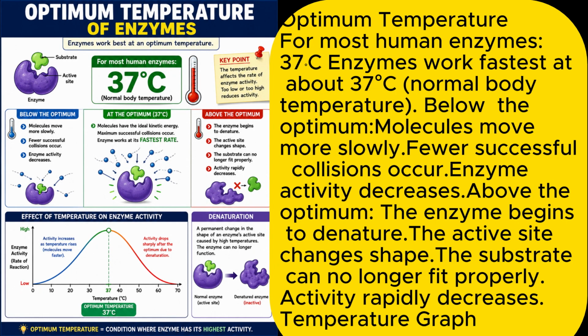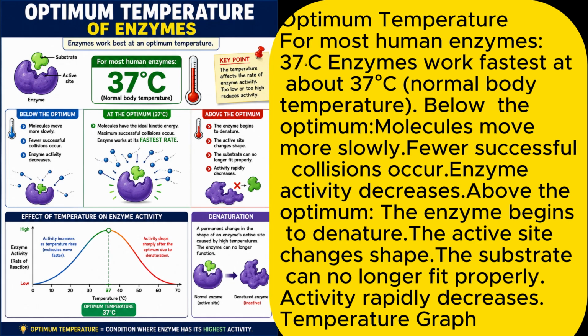As for the exam definition, the optimum is the temperature or pH at which an enzyme has its highest activity. Now, what will happen if the optimum is not reached? For most human enzymes, 37 degrees is the optimum temperature. Below the optimum temperature, molecules move more slowly and fewer successful collisions occur. As a result, enzyme activity decreases.